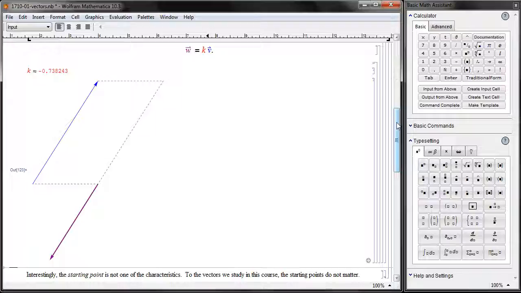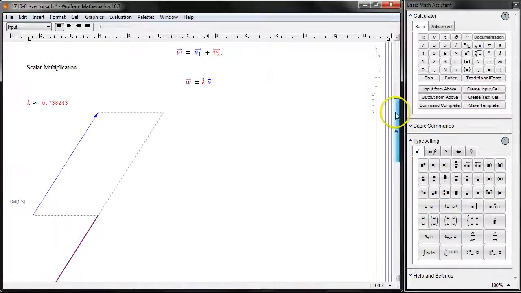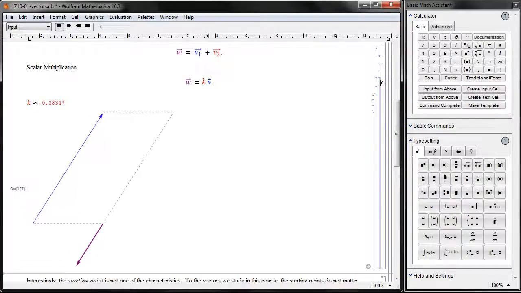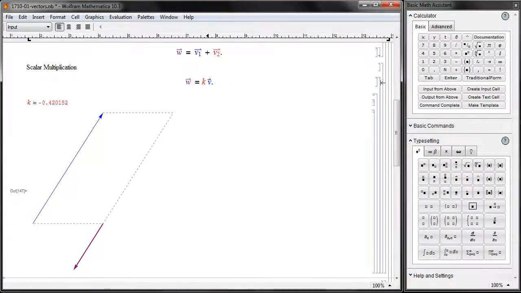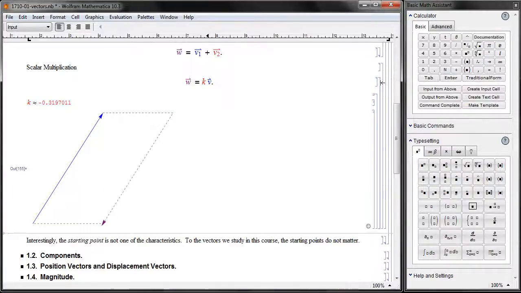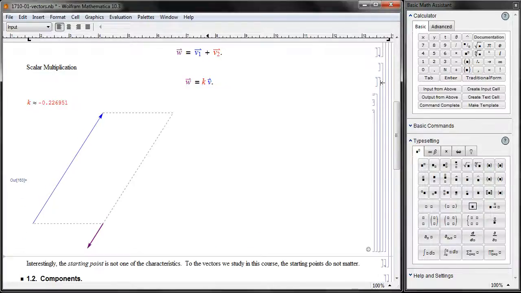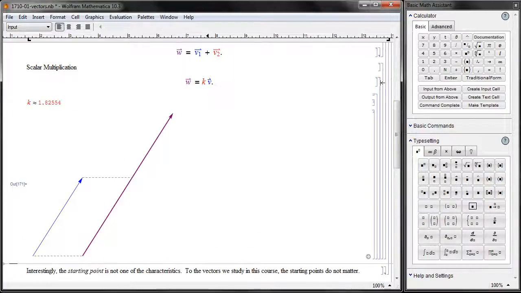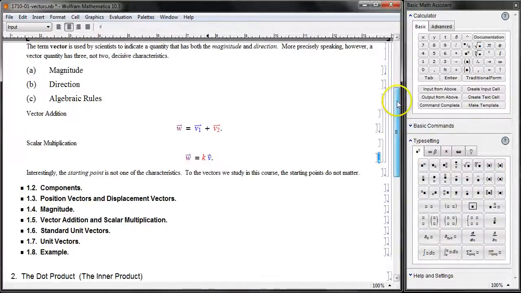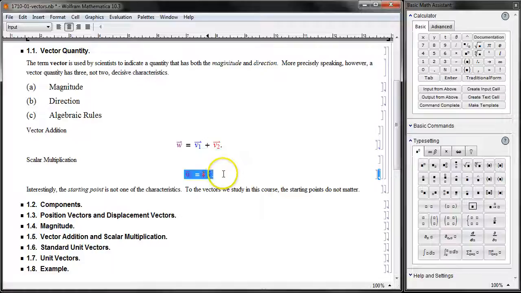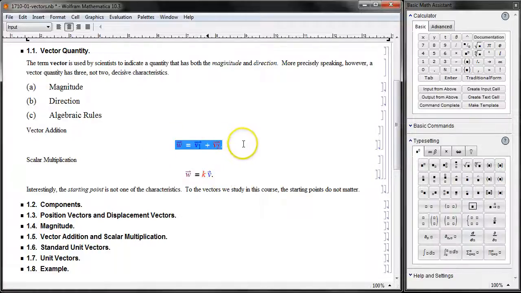So in terms of size, it's a little bit less than 3/4 of this blue vector, but pointing toward the opposite direction. You can play with this. Run it over and over again if you're using Mathematica. If you're using CDF Player, then of course you can read this, but you cannot really play with this. So that's scalar multiplication. This one changes size, and the other one creates a parallelogram.